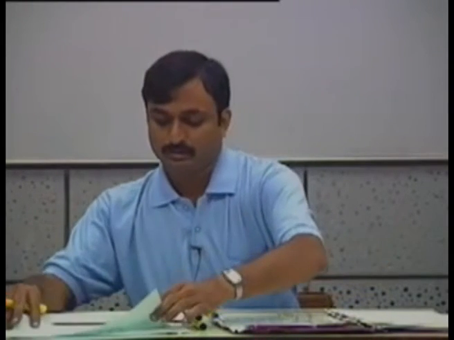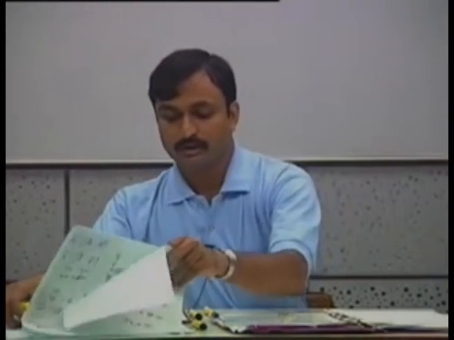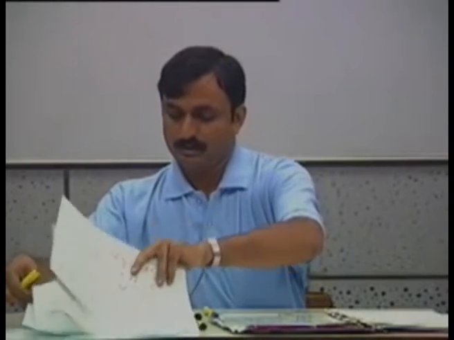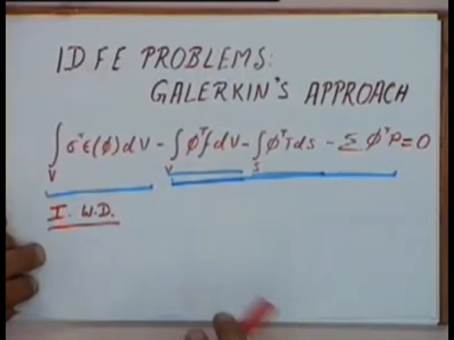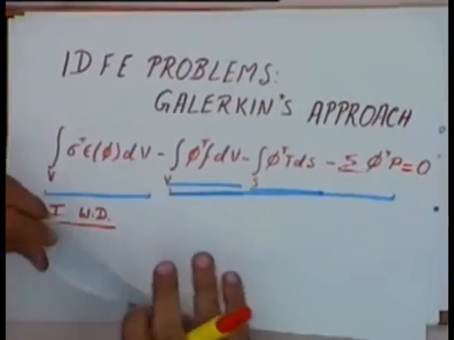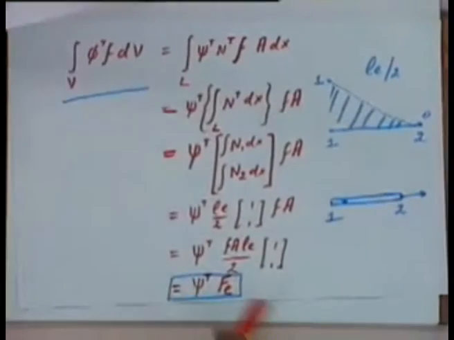Essentially, if you look at the method that we are using for the one dimensional problems, in the Galerkin's approach we started with this equation. Then we simplified this first term and we got an expression like this.